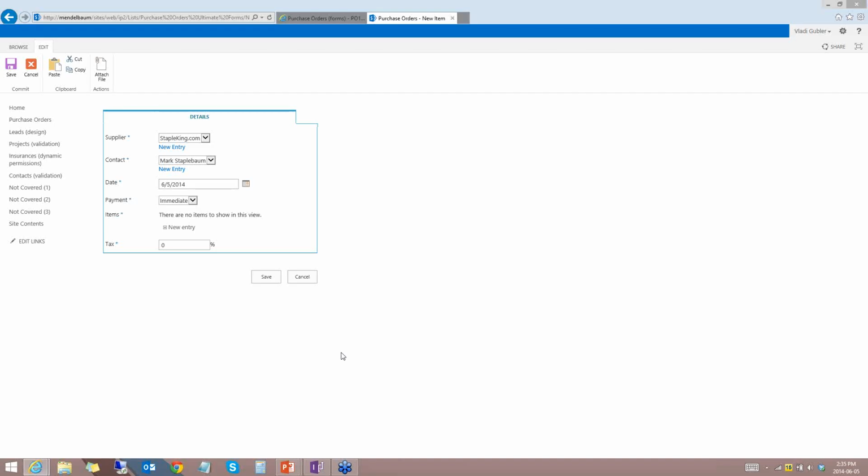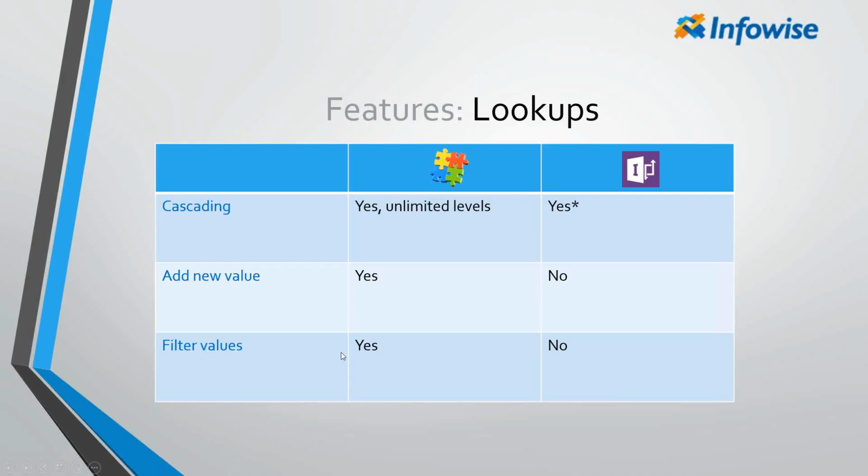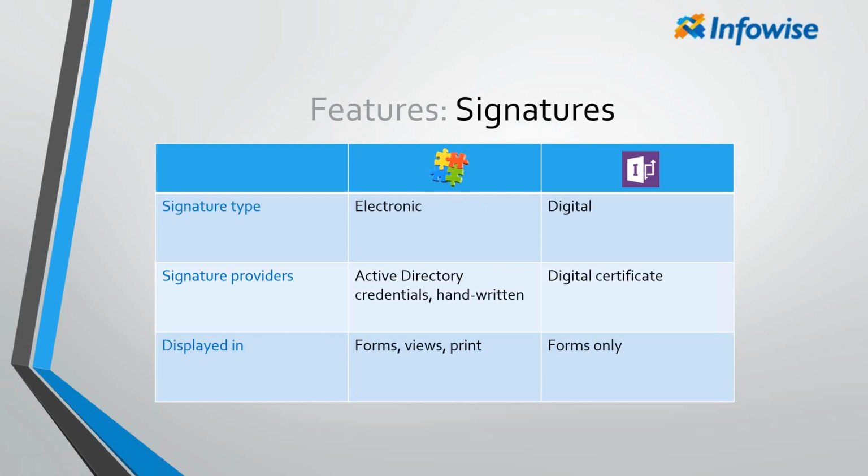We have a lot to cover today, and time is short, so I'm running through that a little bit. Okay, signatures. Very important again for regulated processes. So first of all, both InfoPath and Ultimate Forms have signatures.